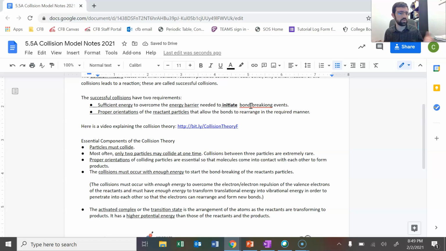We've got to break those bonds in the reactants in order to make this reaction happen. Also, proper orientation has to occur between the reactant particles that allow the bonds to rearrange in a required manner. We're going to go through both of these with some detail in a little bit.